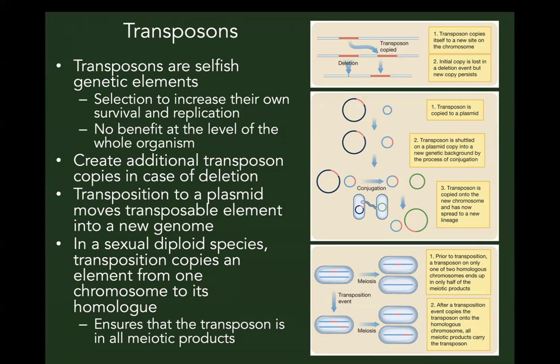So if it's on only one of the two homologous chromosomes in the pair, then it has a 50-50 chance of ending up in a new human being. However, if it's able to copy itself into the other homologous chromosome of its pair, then it has a 100% chance: no matter which chromosome ends up in the offspring, they will all have this transposon.